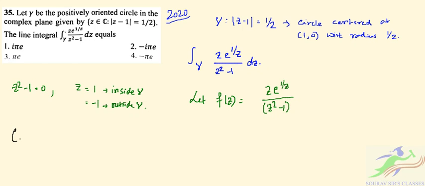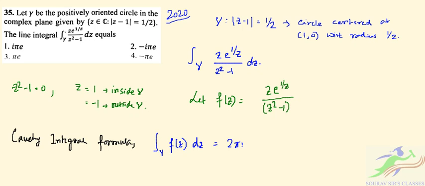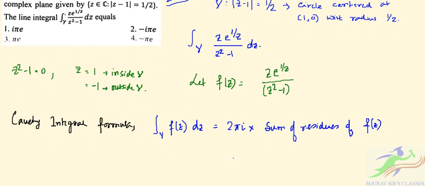By the Cauchy integral formula, the integral of f(z) dz is equal to 2 pi i multiplied by the sum of residues of f(z).